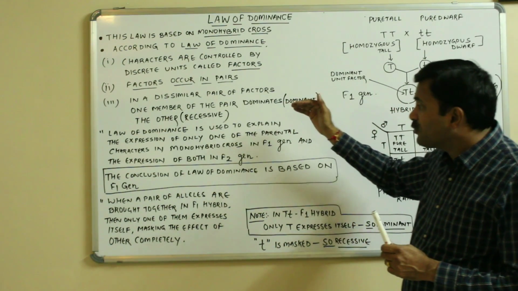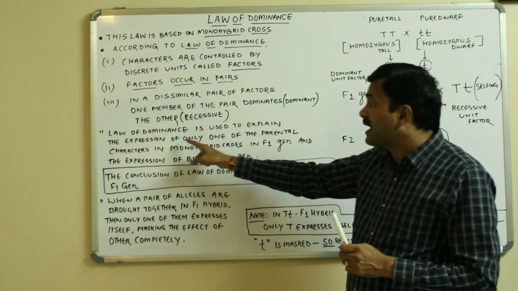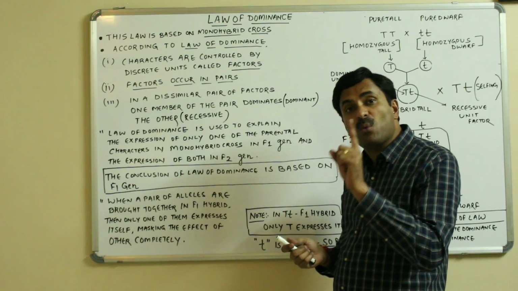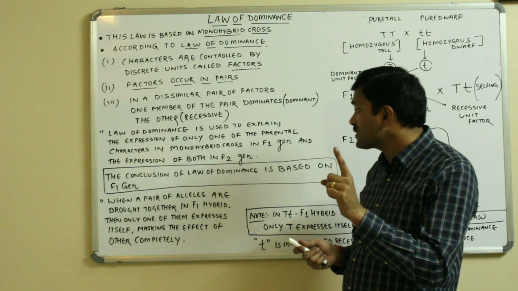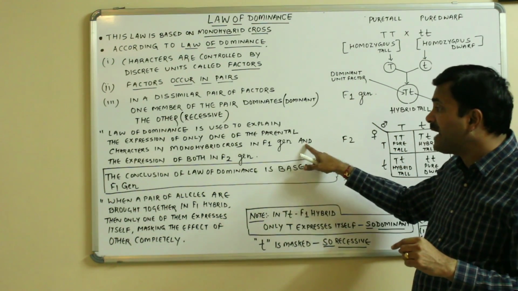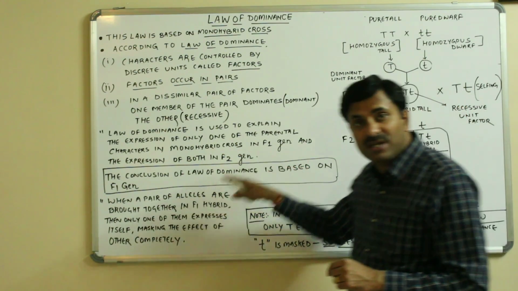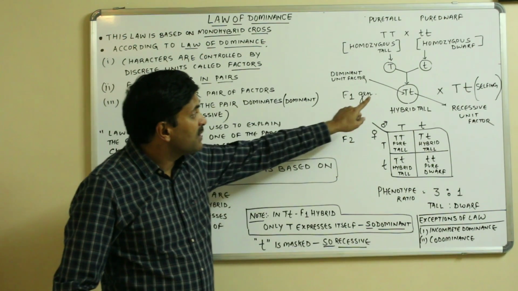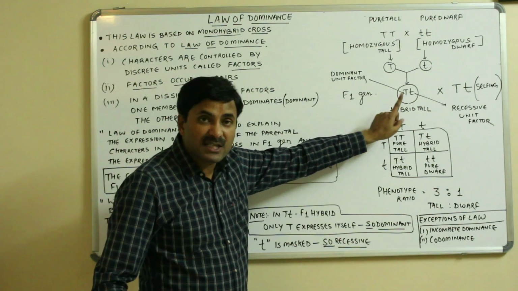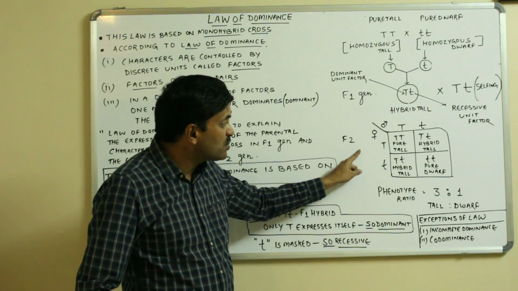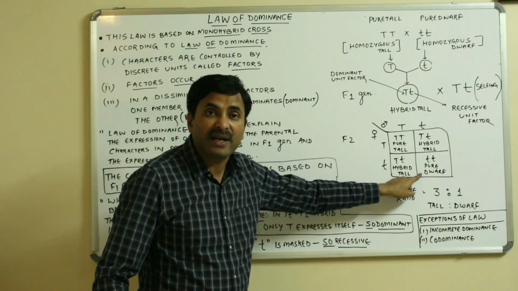Now, the law of dominance is also used to explain the expression of only one of the parental characters in the F1 generation of the monohybrid cross, and the expression of both the characters in the F2 generation. You can see in this cross that in the F1 generation only the tall character is expressed, while in the F2 generation both the tall and the dwarf characters are expressed.